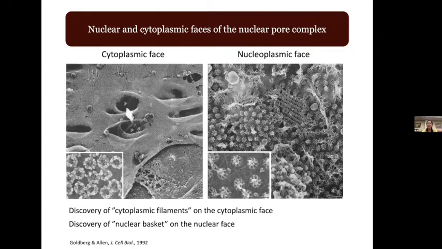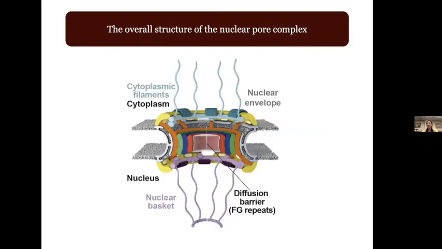They found the cytoplasmic filaments on the cytoplasmic face, and also the nuclear basket on the nuclear face. All these electron microscopy studies established the overall structure of the nuclear pore. It has a base anchored in the membrane, and it has cytoplasmic filaments and the nuclear basket.